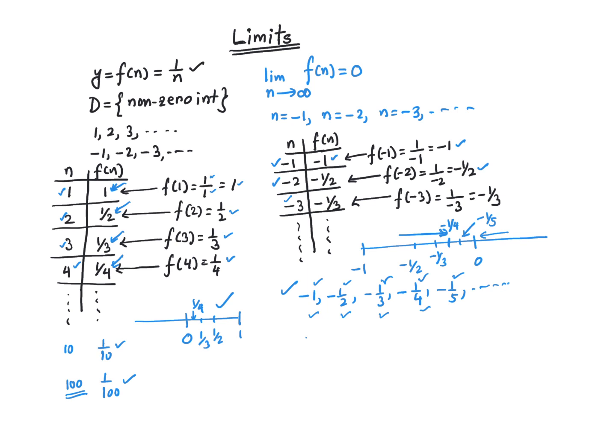And similarly, we write it like this. This is the notation that we use: limit as n approaches negative infinity of f of n is also 0.